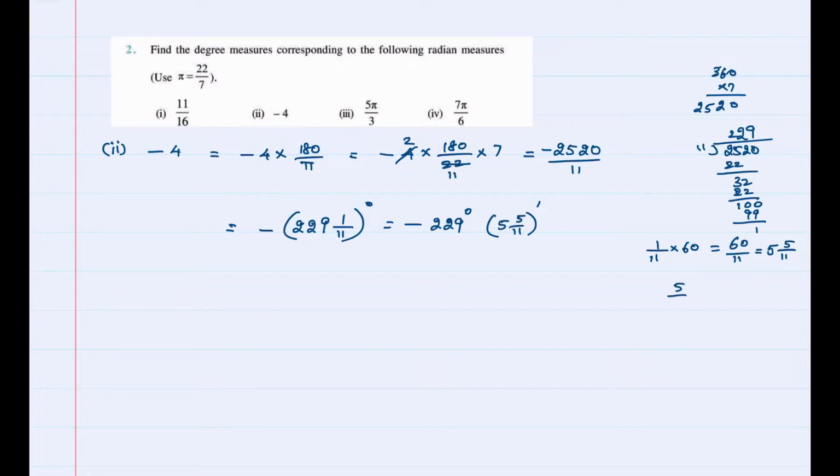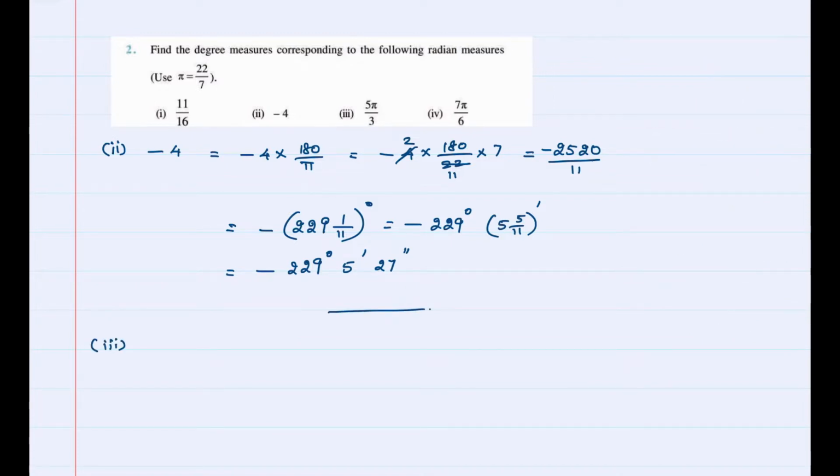To convert 5 upon 11 minutes to seconds, we will multiply by 60. 300 upon 11, 2 11s are 22, 8 80, 77, 3 32 times. Approximately it is 27 seconds. The final answer is negative 229 degrees, 5 minutes and 27 seconds.